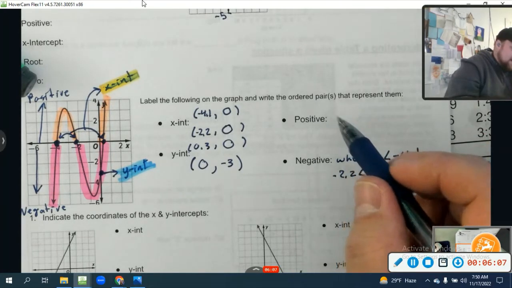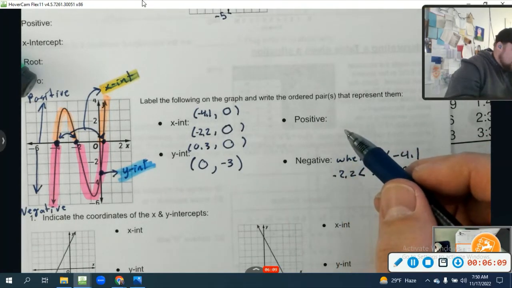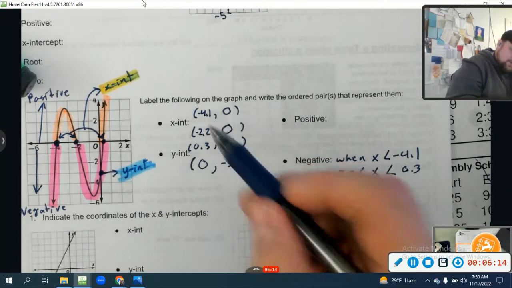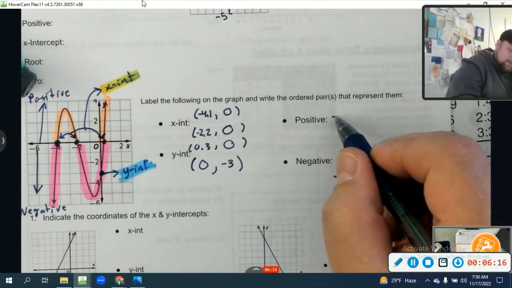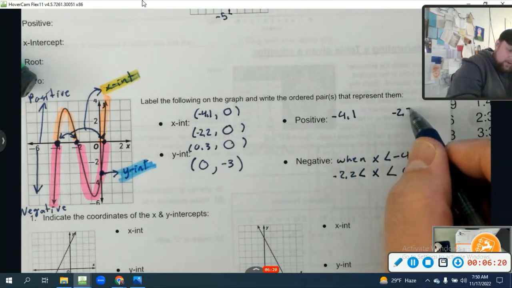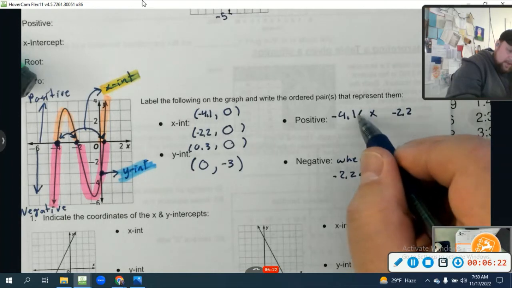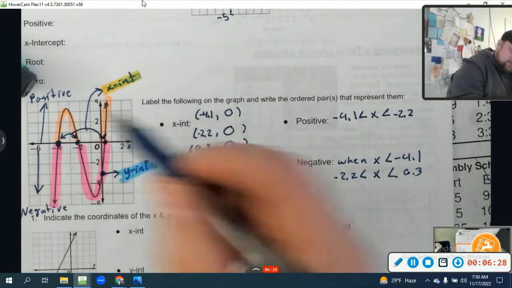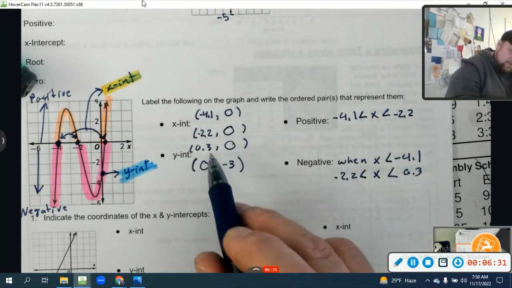Let's see, when is it positive? Well, it's positive right here between these two x-intercepts. So it's positive between -4.1 on the x and -2.2 on the x. We're going to put x in the middle, say, hey, it's greater than that one, but it's less than that one, okay? We also see at the very end here, it's positive whenever it's greater than this last x-intercept.